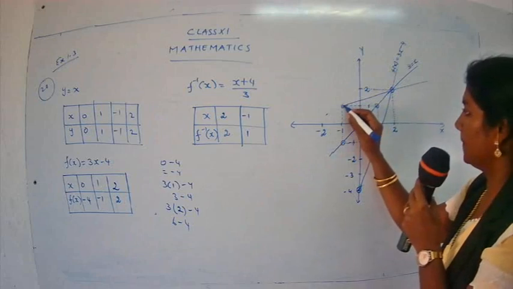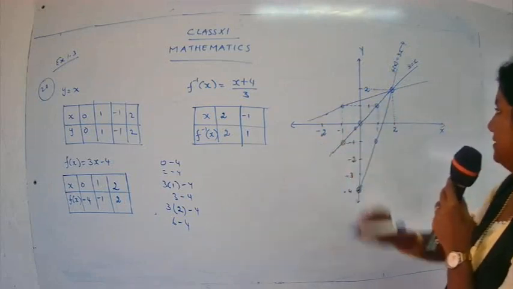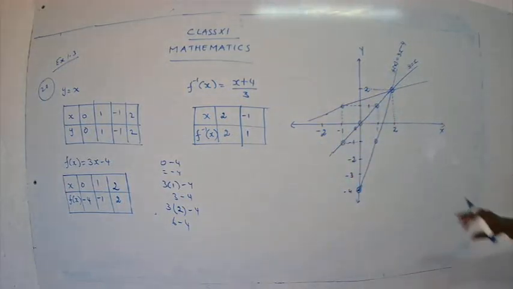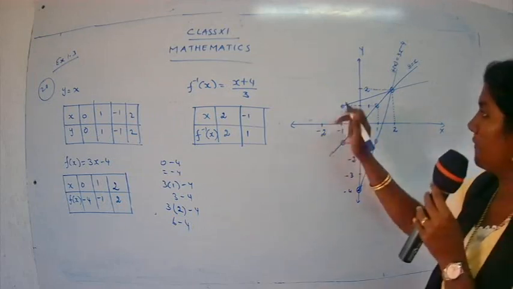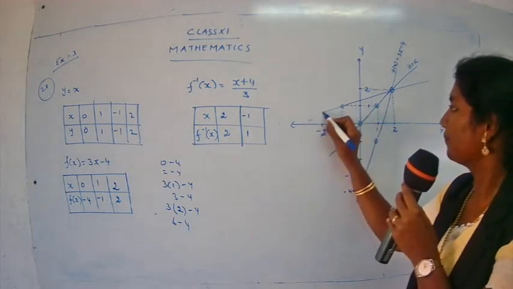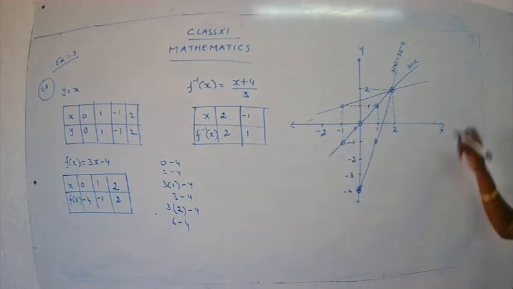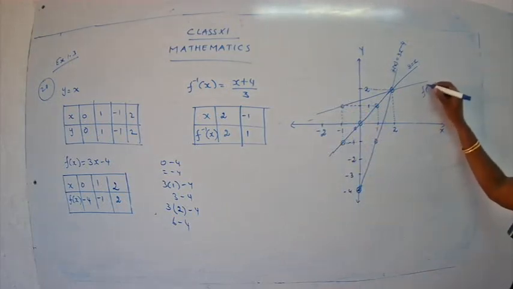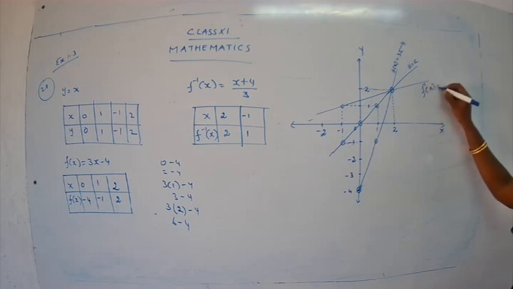It will be extended, okay, like this the line goes. Okay. So put here f inverse x. F inverse x is equal to x plus 4 upon 3.